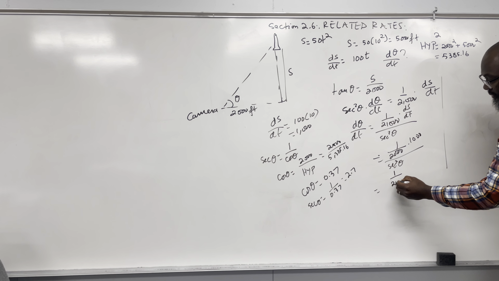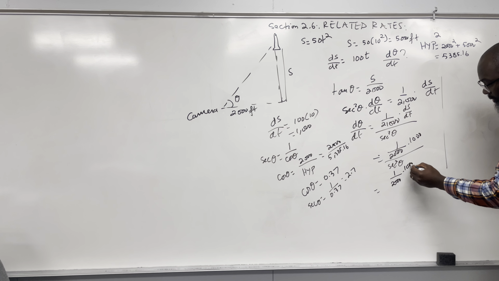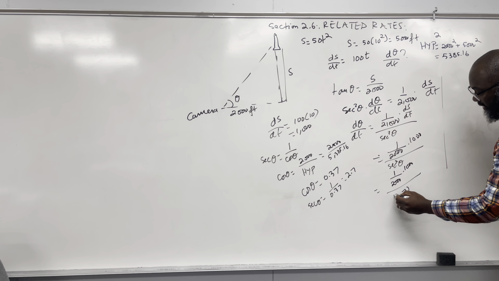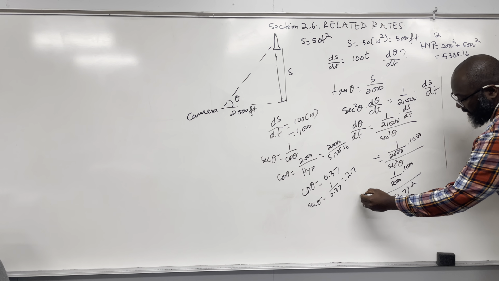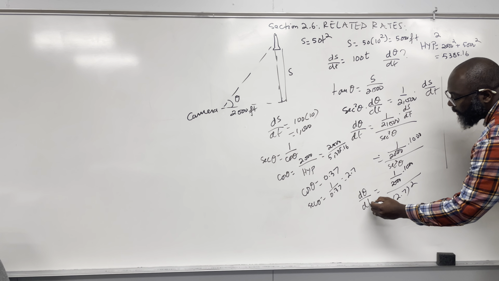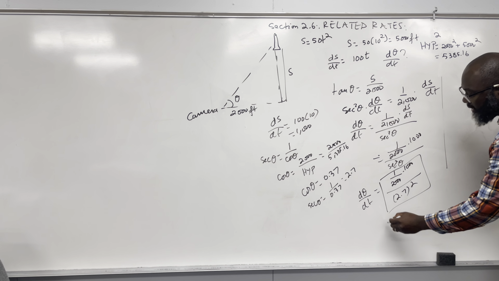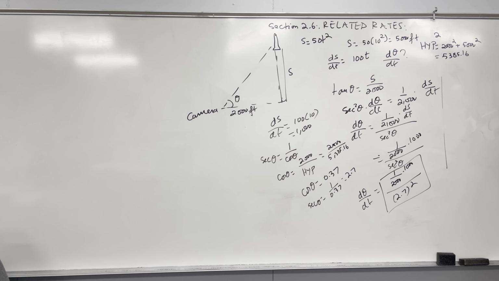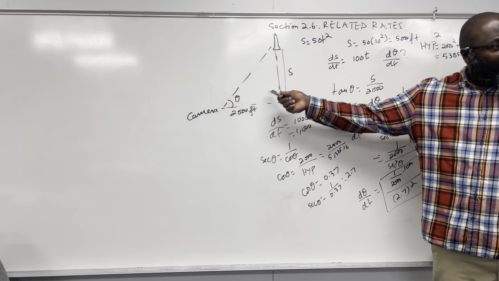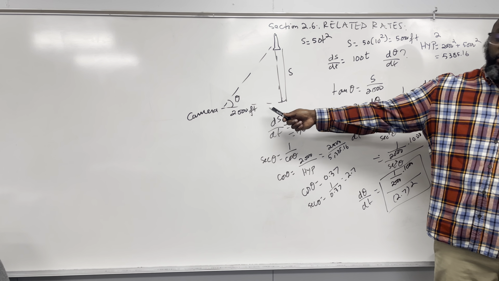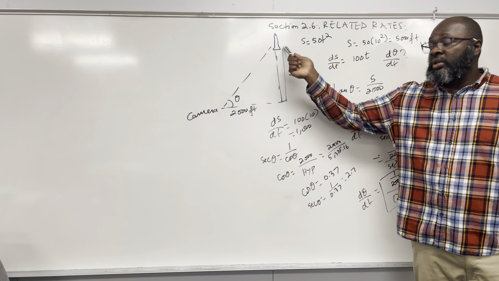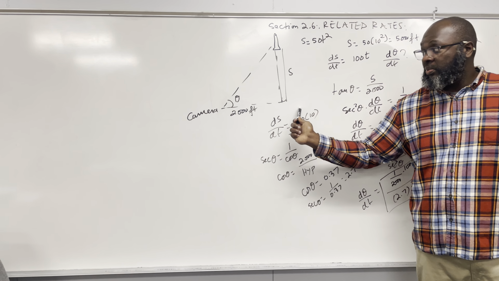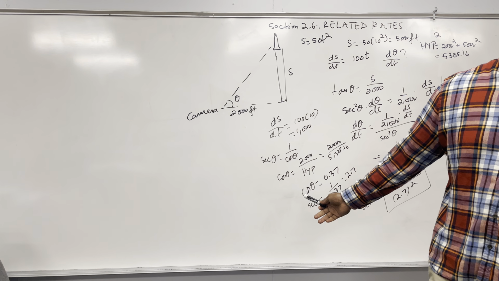So it's 1 over 2,000 times 1,000 over 2.7 squared, because it's secant squared, and that should give you the change in the angle, d theta over dt. Just plug that in your calculator, and whatever you get, that's the answer. It's just a long process, and then recognizing the Pythagorean theorem, because we're using the right triangle, knowing that tangent is opposite over adjacent, and then to solve this, we use again the same identity: a squared plus b squared equals c squared, and then applying our implicit differentiation.